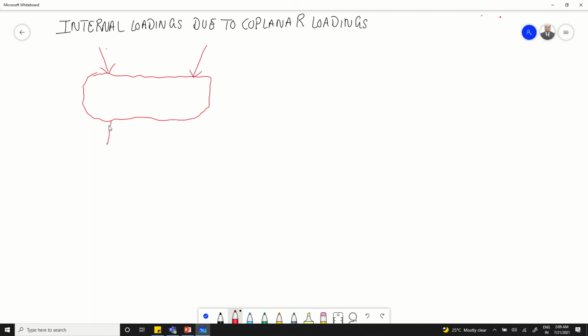Let us name these F1, F2, and F3. And we want to study the internal loadings across this section of the body. Let us name this section XX dash.